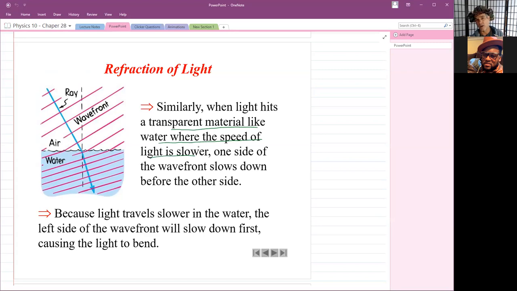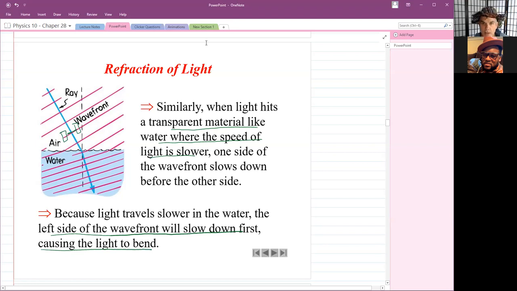So something like water, which is a lot more dense than air, light travels slower in water than it does in air. If I had a ray of light, I would imagine these little cartwheels. And if this side of the cartwheel is going to slow down first, while this other side is still moving faster, that's going to cause the light to bend the same way it would cause cartwheels to bend. So in this case, the left side of the wavefront slows down first, causing it to bend.